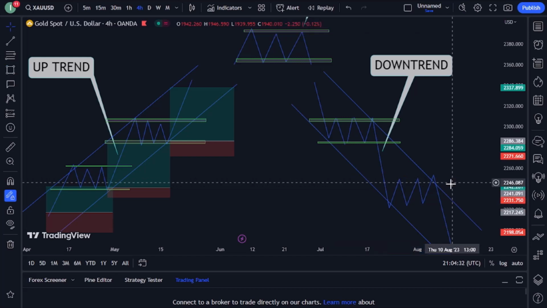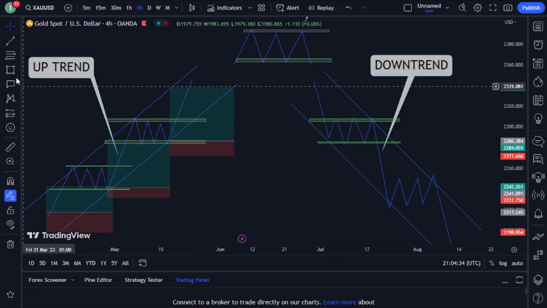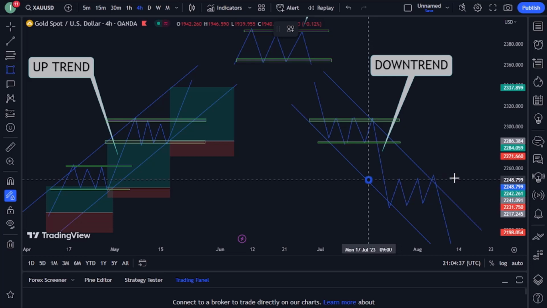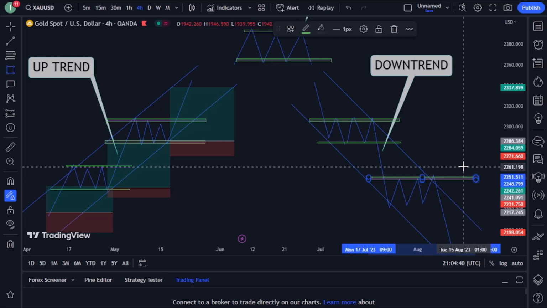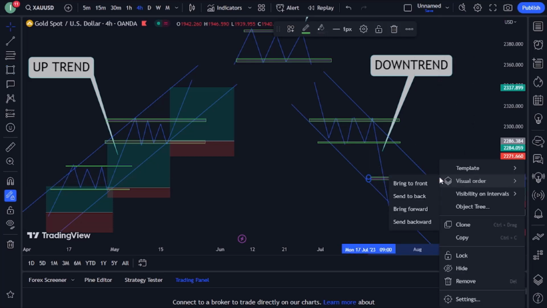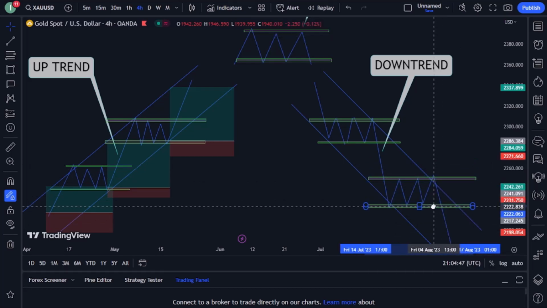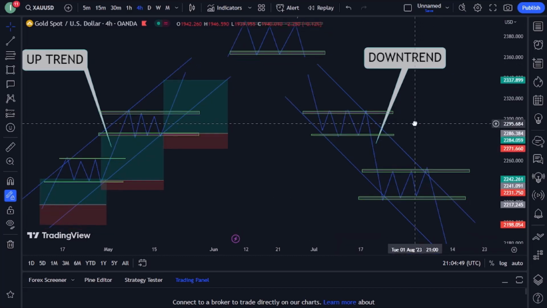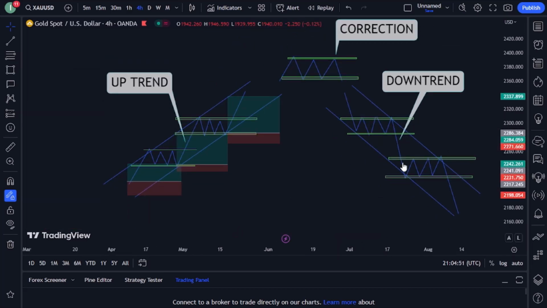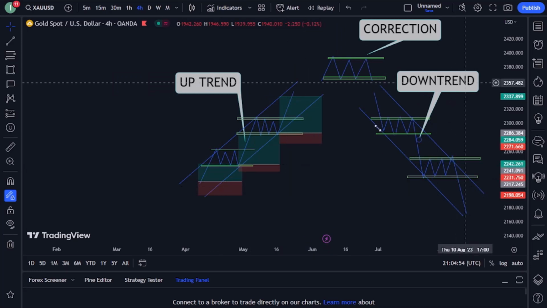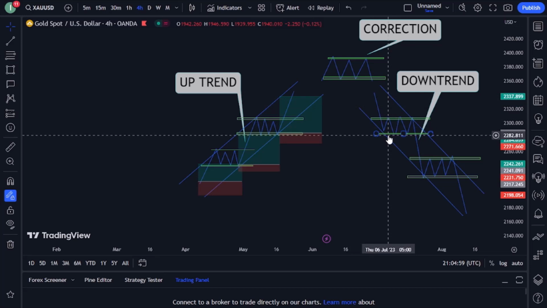If you know how to mark your structure, it's going to be easy for you to be profitable, because you already know what the market is going to do next. You won't be worried that the market is going to go up on a downtrend. When the market is on the downtrend, it has to go down until it completes the move, and then it can change and go up. You understand?